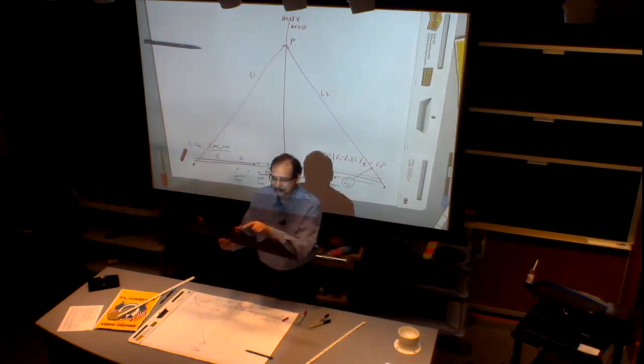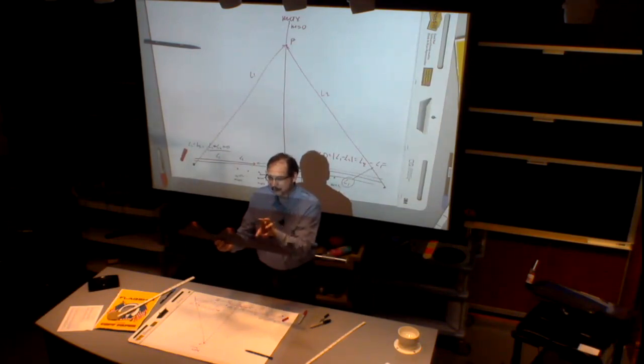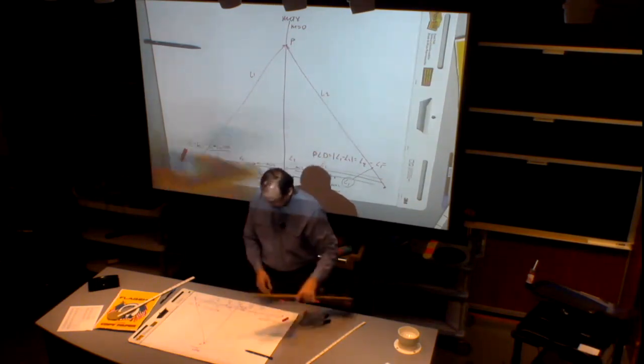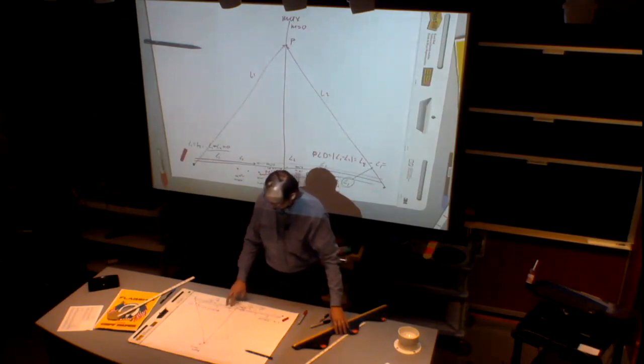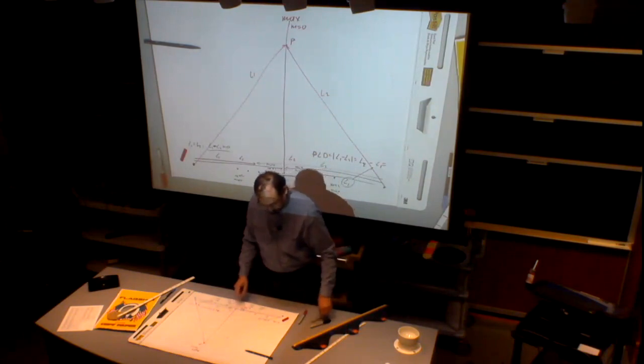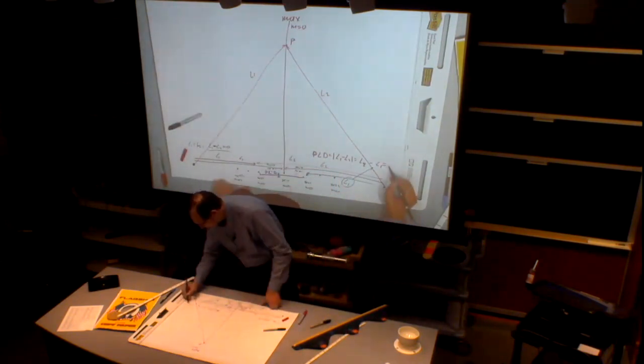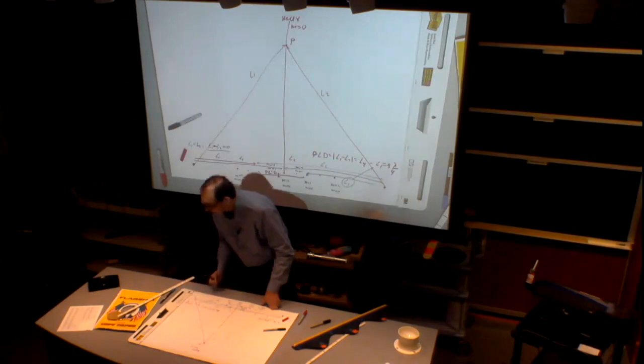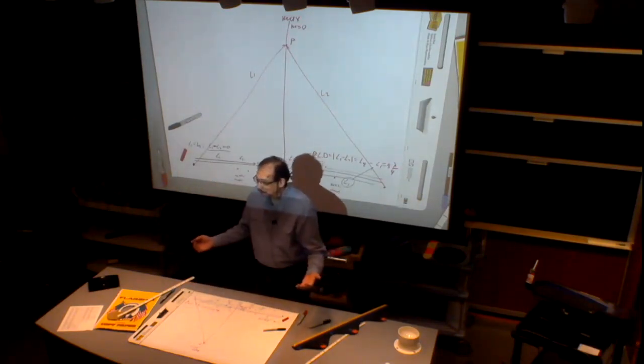Red to black. Lambda, half, quarter. From red to black, this is the black, a quarter. From black to blue, a quarter. From blue to black, a quarter. From black to red, a quarter. So a quarter, a quarter, a quarter, a quarter. How many quarters? 4. 4 quarters, which means 1 wavelength.